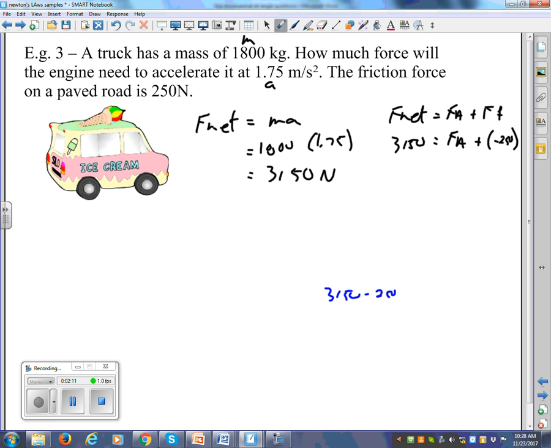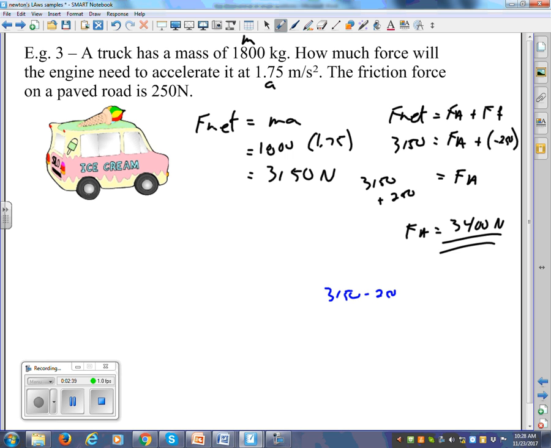And when I take that minus 250 and it has to go to the other side, what does it become? It becomes positive. 3150 plus 250, meaning that the applied force is going to be 3,400 newtons. You can't always just subtract friction.